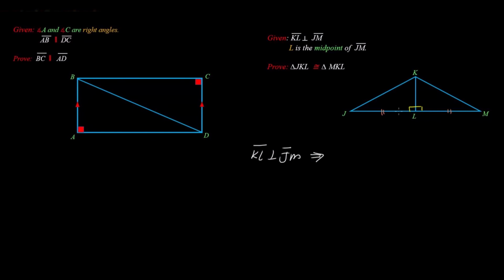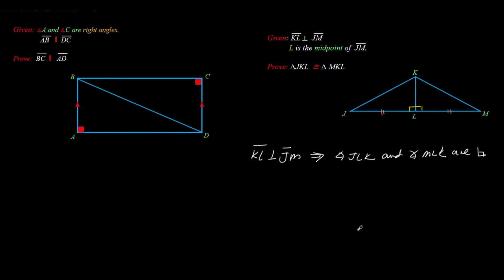If they're perpendicular, that implies that angle JLK, that's this angle over here, and angle MLK are right angles. That's what that means. Remember, this means perpendicular, and this symbol means right angles.